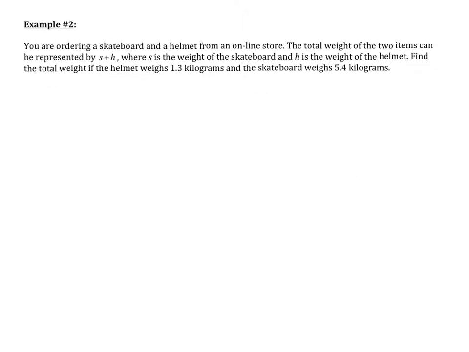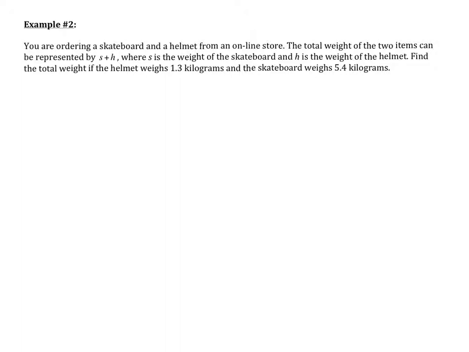It says you are ordering a skateboard and a helmet from an online store. The total weight of the two items can be represented by S plus H. So here we're given an algebraic expression where S is the weight of the skateboard and H is the weight of the helmet. Find the total weight if the helmet weighs 1.3 kilograms and the skateboard weighs 5.4 kilograms.